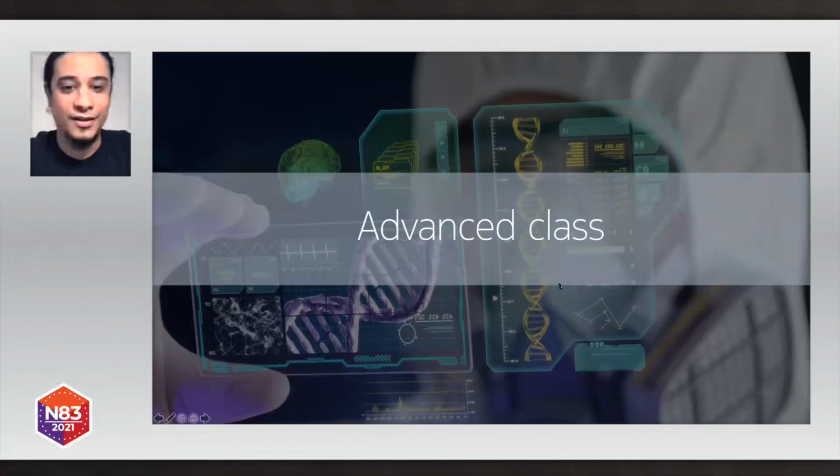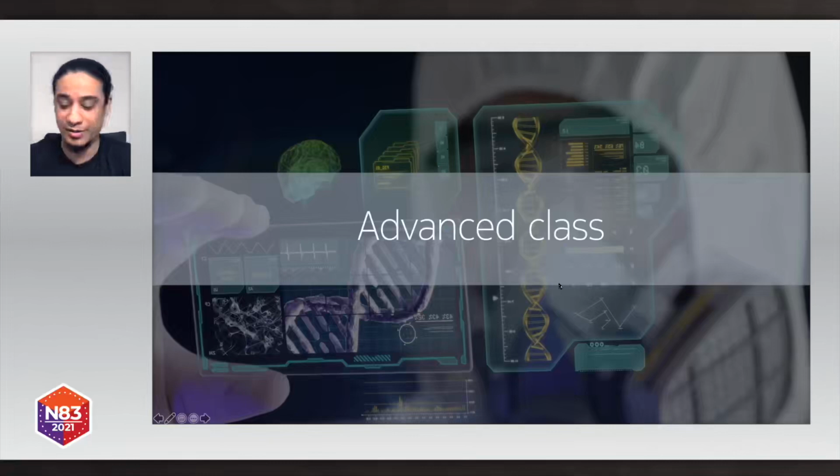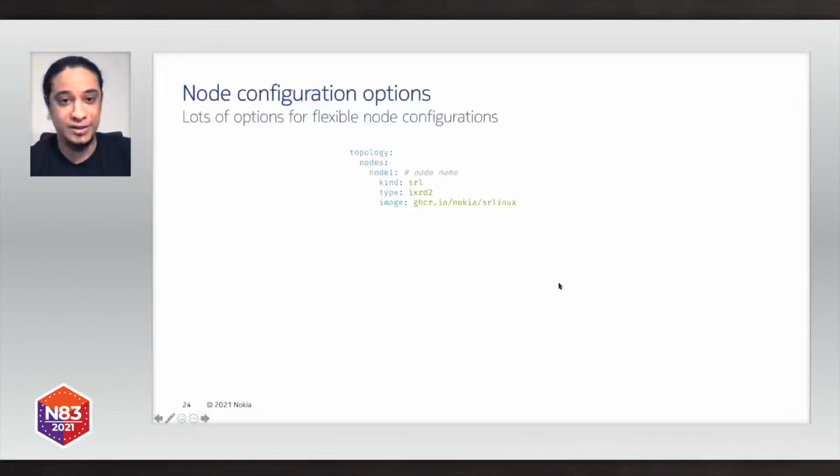Hi. Okay, so today I'll take you through a short demo of ContainerLab, a little bit more advanced, using some of ContainerLab's more advanced configuration fields. So far you've seen some of the basic commands that you can use and set under a node in your topology file, such as kind, type, or the image.